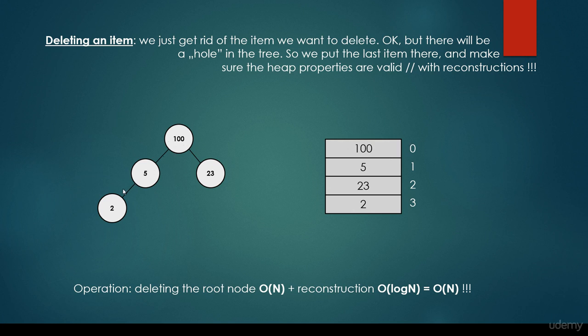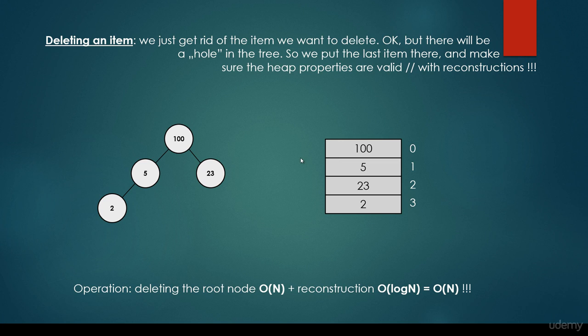But if we would like to get rid of an arbitrary item, for example, the user would like to remove the item with the value 23. Of course, first we have to find it in the heap data structure. What does it mean? That in the array representation, we have to iterate through on a sequential basis.